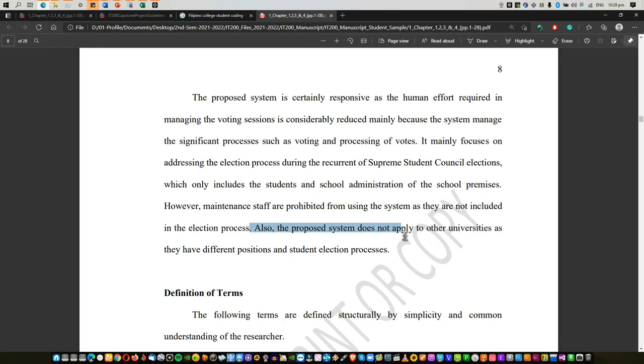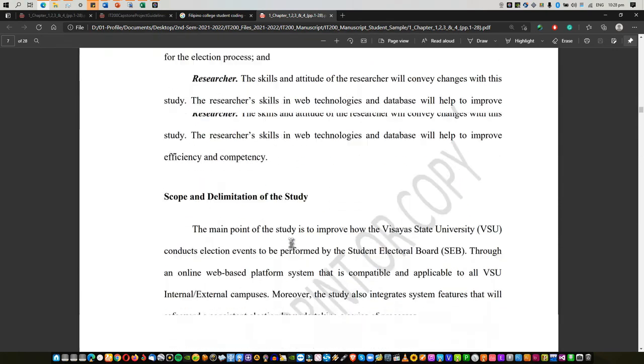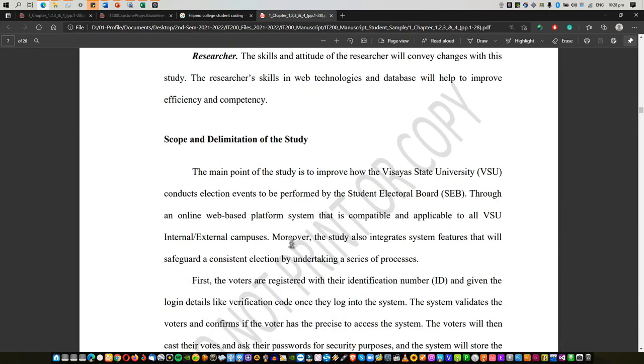Also, the proposed system does not apply to other universities as they have different positions and other student election processes. So it states what the system can do and how far it goes.